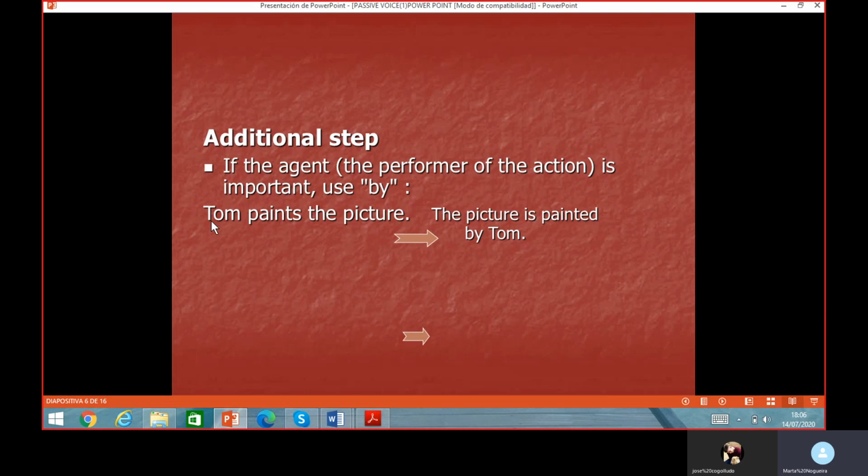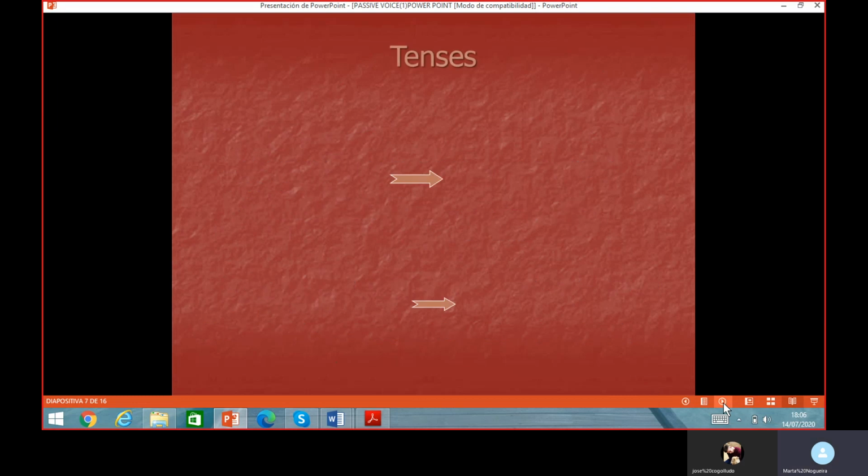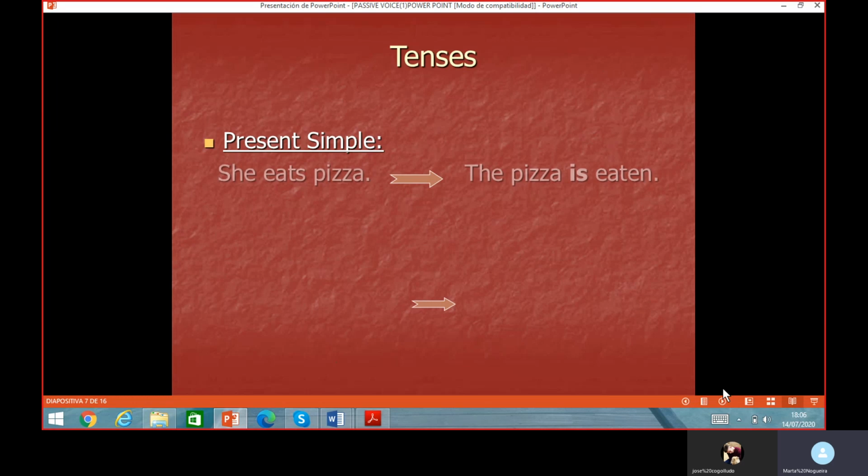But sometimes we don't put the agent. If we have they, he, she, okay, we don't usually put by. If we say he or somebody paints the picture, we suppose that somebody is painting the picture, so this is not necessary.